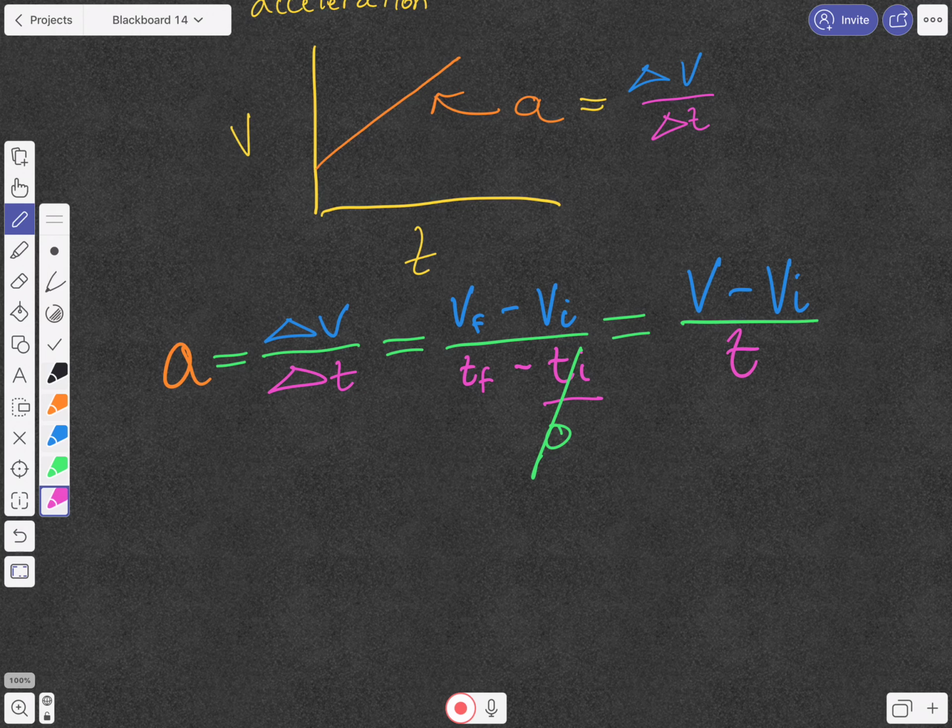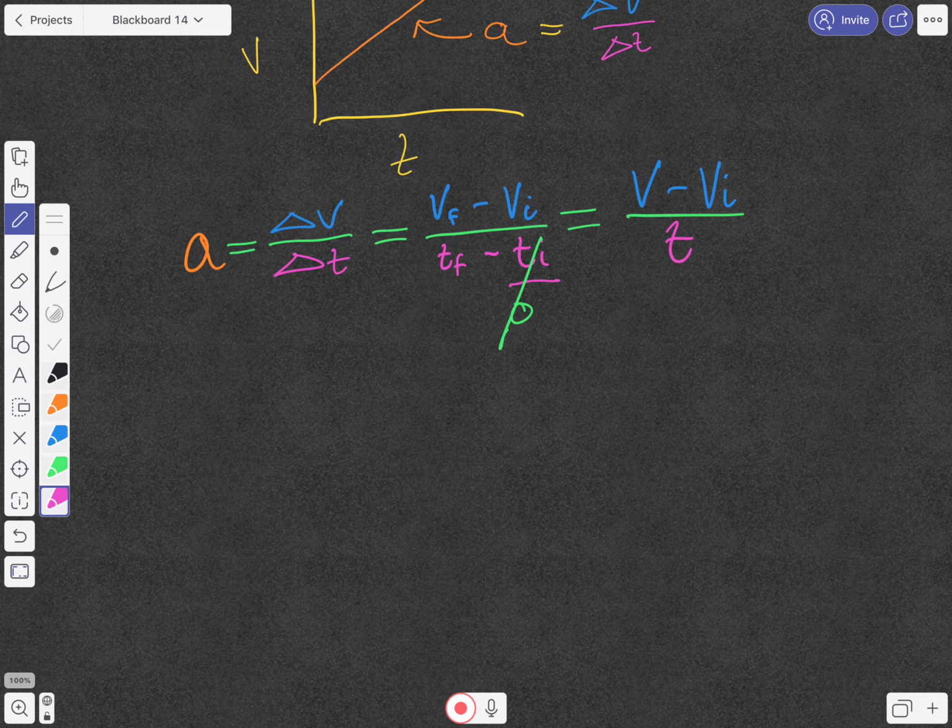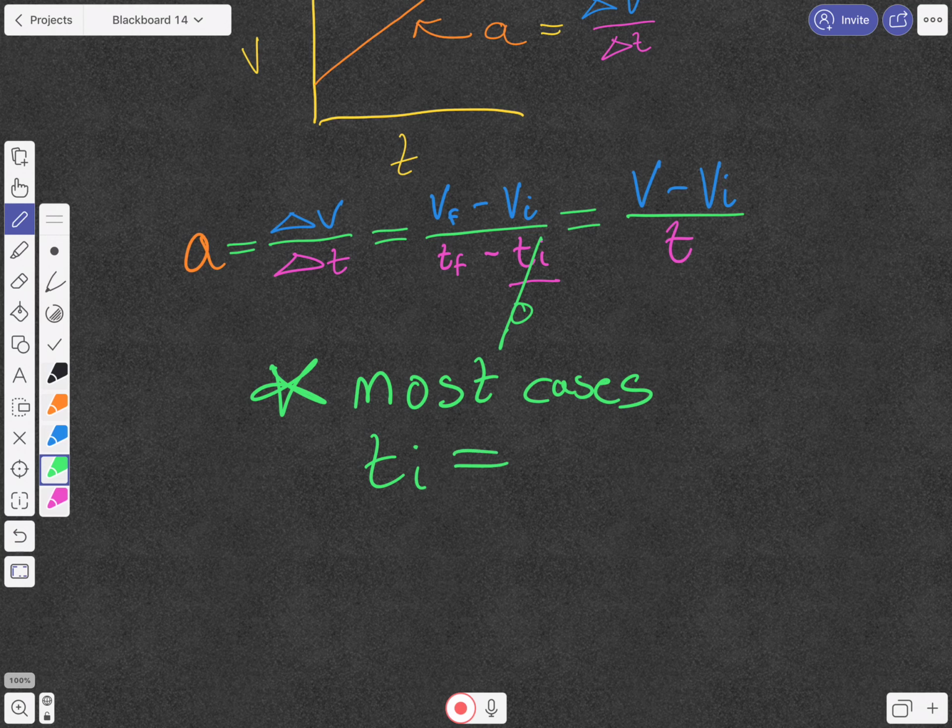We can leave it as t. It's important to note that in most of the cases here, we're going to have t initial equal to 0, which allows us to cancel it out from our formula.